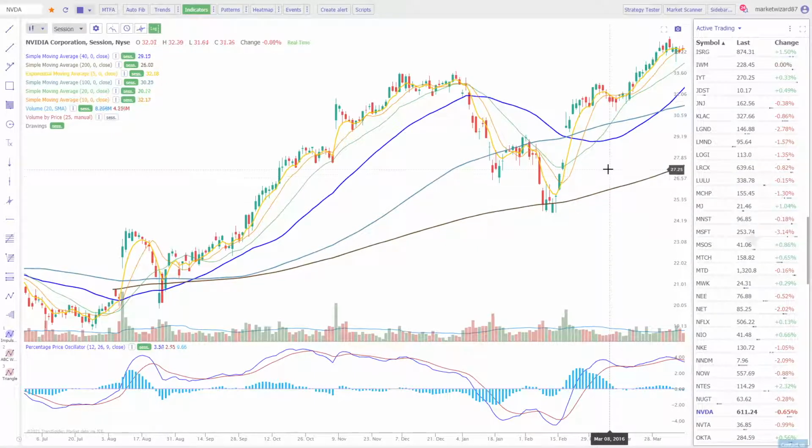So my favorite setup is to combine the Elliott wave structure, the Elliott wave corrective patterns, the zigzags and the flats and the triangles to be specific, combine those structures with the moving averages to give you a confluence of support.